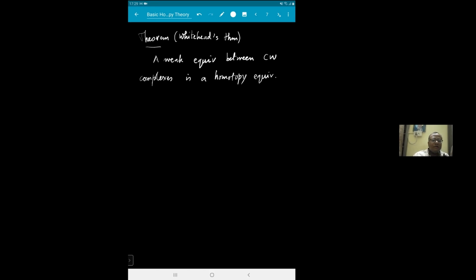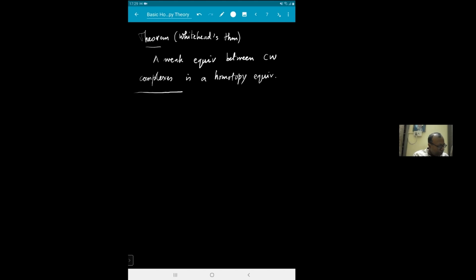So if you have a weak equivalence between CW complexes, an isomorphism on homotopy groups, then we can construct the map going the other way around and show that there is a homotopy equivalence. Okay, so that's Whitehead's theorem. I don't have time to indicate how to prove such a thing. I'm just going to state the main features and go ahead.